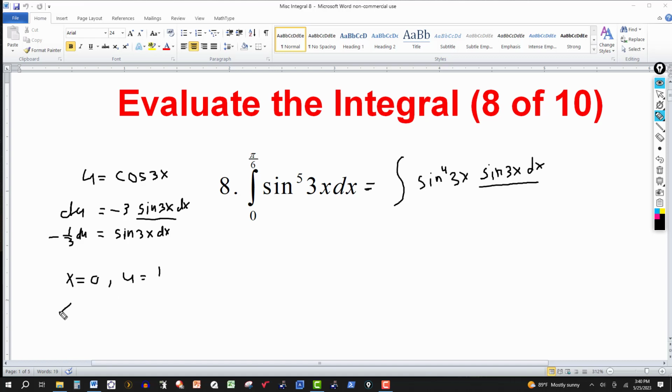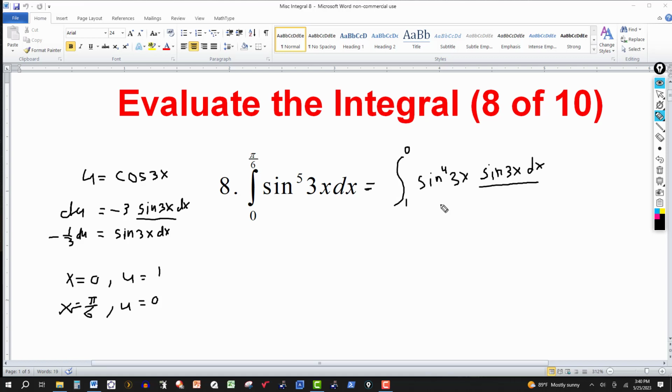And then what happens if x is equal to pi over 6? What's the corresponding value of u? We'll put a pi over 6 over here. That's pi over 2. Cosine of pi over 2 is 0. So the new limits, with this setup, will run from 1 to 0.